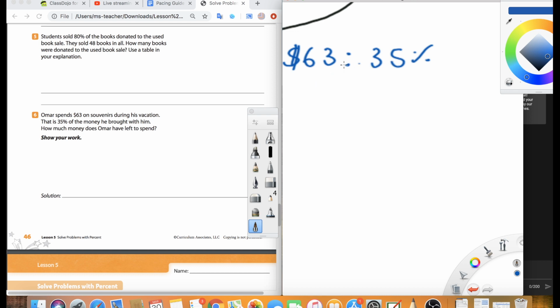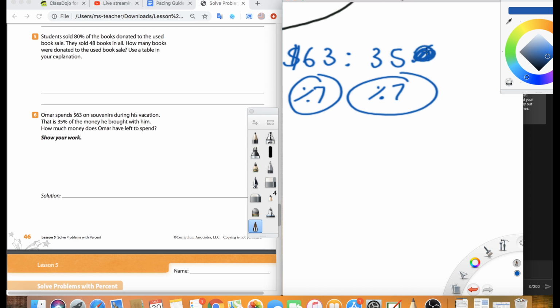If I look at 35 and 63, I know that 63 is 9 times 7. I know I can't divide 35 by 9, but I can definitely divide 35 by 7, because 7 times 5 is 35. So I can divide this by 7, and I can divide this by 7.